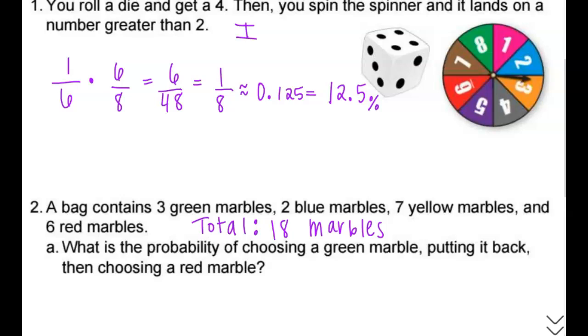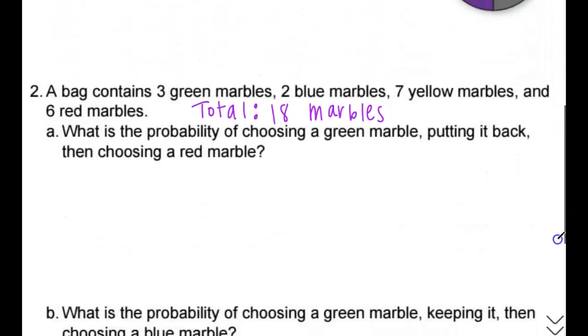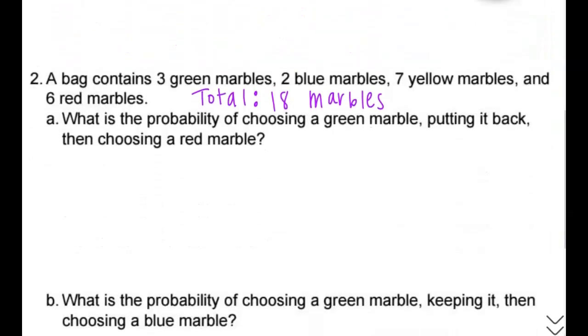Okay. Alright, A, what is the probability of choosing a green marble, putting it back? So is that independent or dependent? It is independent, good. Because we put it back.